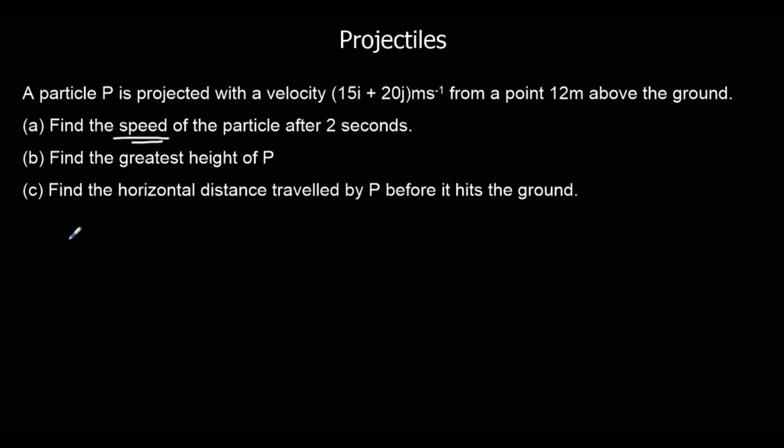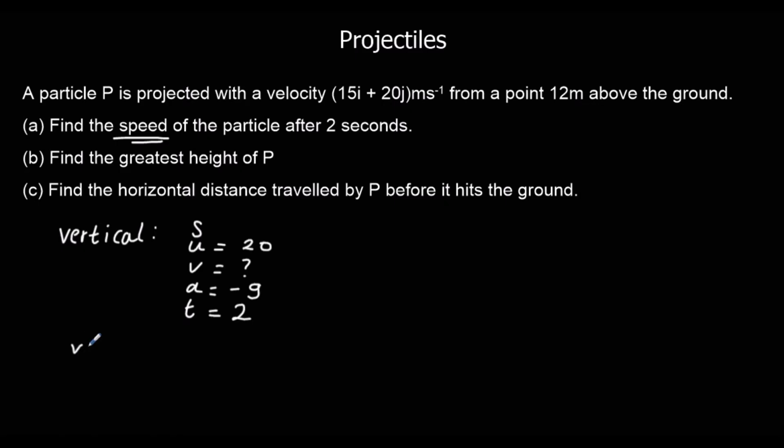So if we look at our vertical component, we don't know the displacement after 2 seconds. We know the initial vertical component of the velocity was 20. We need to know the v. The acceleration is negative g, and it's after 2 seconds, so that's 2.